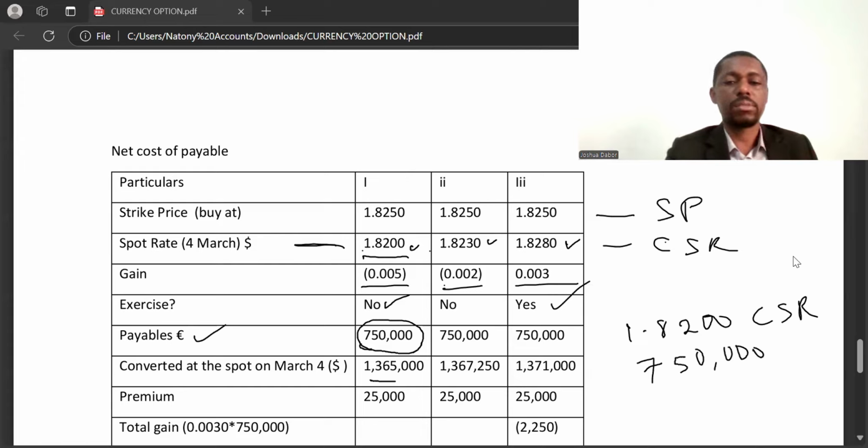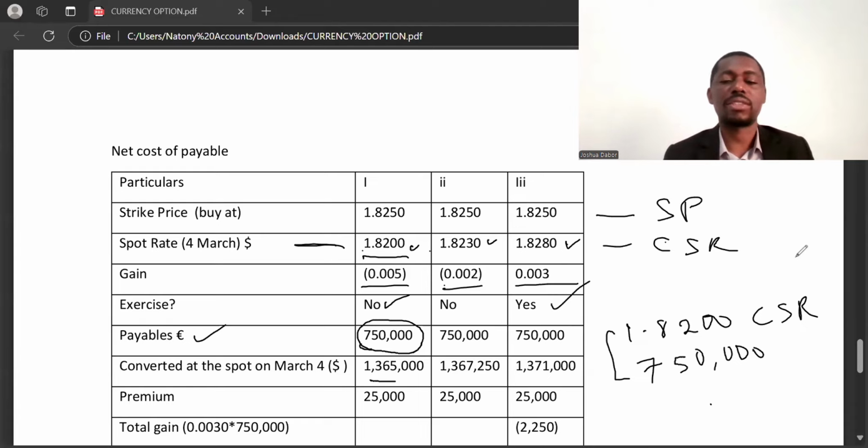So in converting, because this has been converted, will you be multiplying or will you be dividing? Will you multiply or will you divide? Let me give you 30 seconds to make that decision. So I assume you got it.